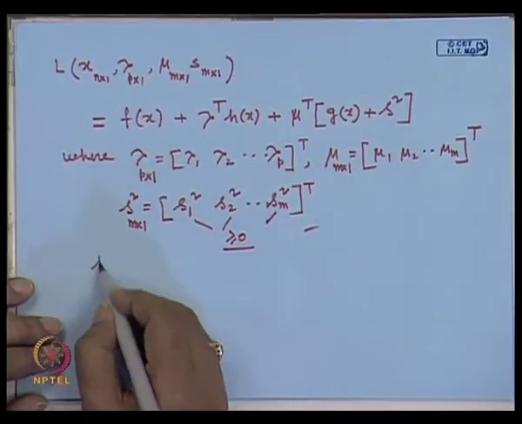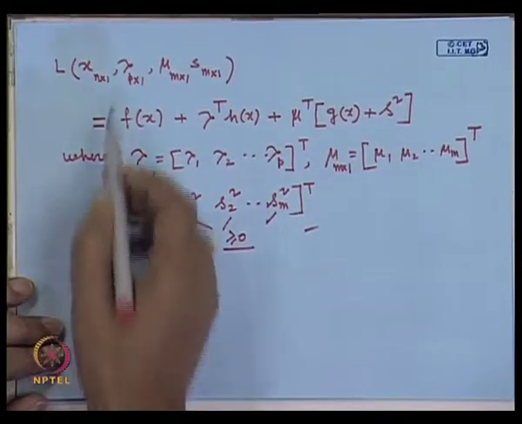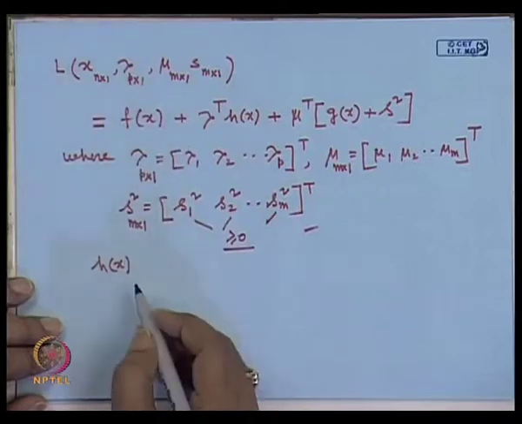Then where is h of x? So, we know what is lambda, mu and s. Agree?